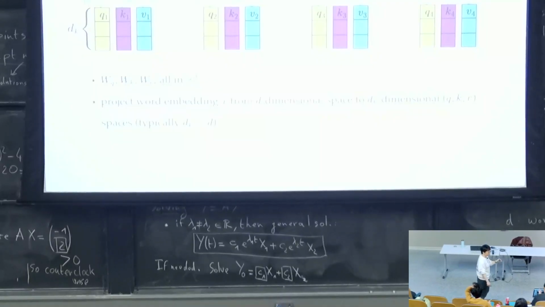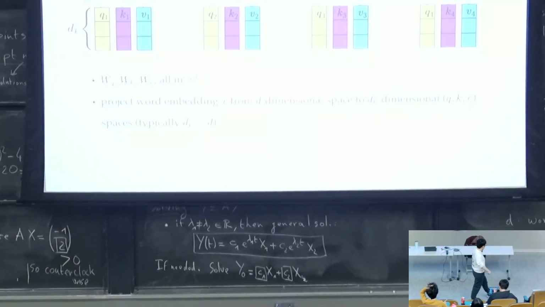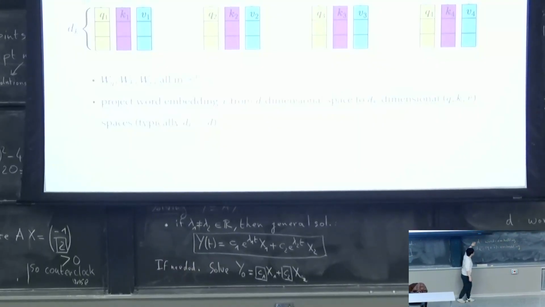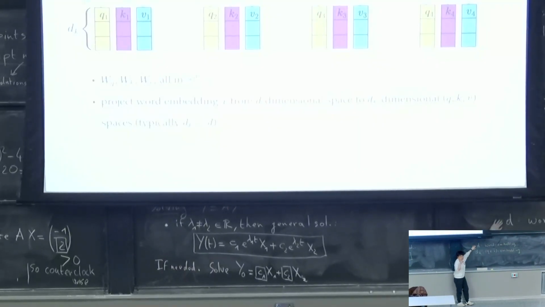Here's another sort of intuition, right? So when we are trying to reason about word, as we mentioned, this d-dimensional word embedding space has to capture all the nuances of raw English language.